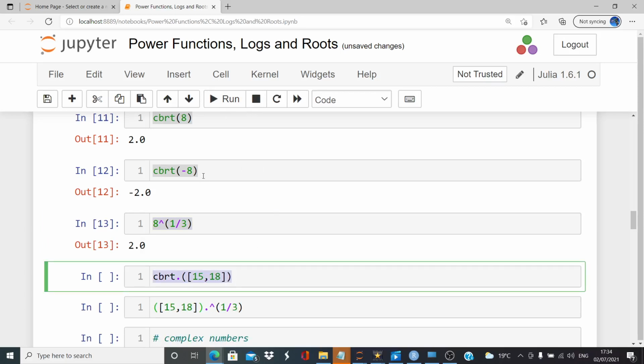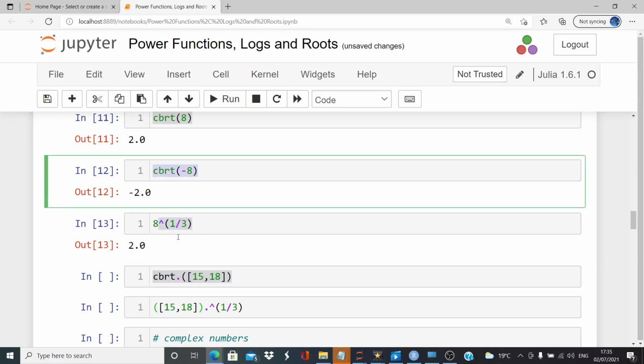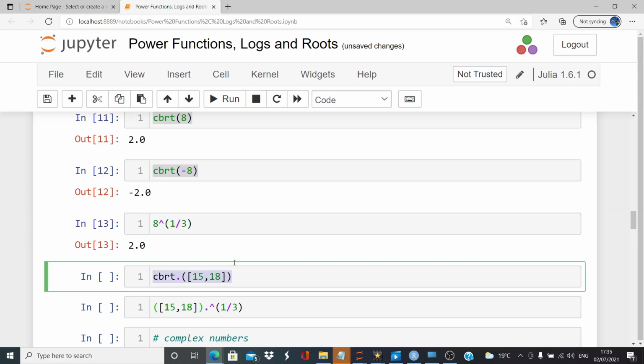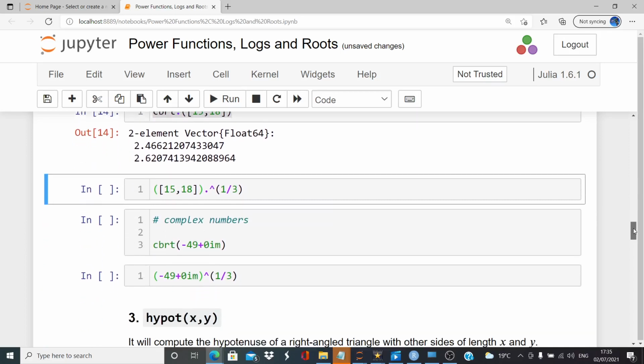So that approach is always useful. It's great to have functions like this, but just specifying chevron and the power is also handy. So applying the cube root to a vector, just remember the dot. Likewise, same here.